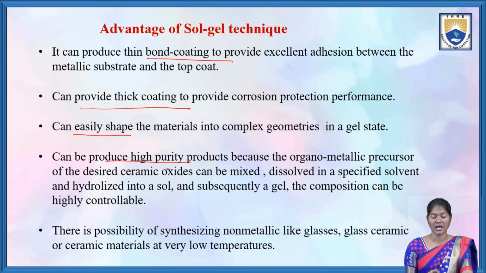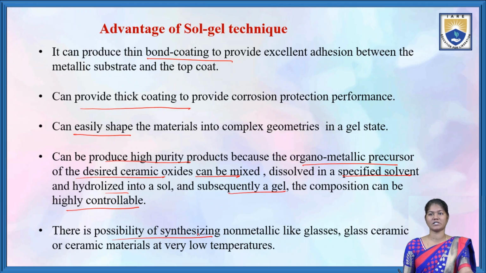It can produce high purity products because the organometallic precursors of the desired ceramic oxides can be mixed and dissolved in a specified solvent and hydrolyzed into a sol, and subsequently a gel. The composition can be highly controllable. And there is a possibility of synthesizing materials like glasses, glass ceramics, or ceramic materials at very low temperatures.